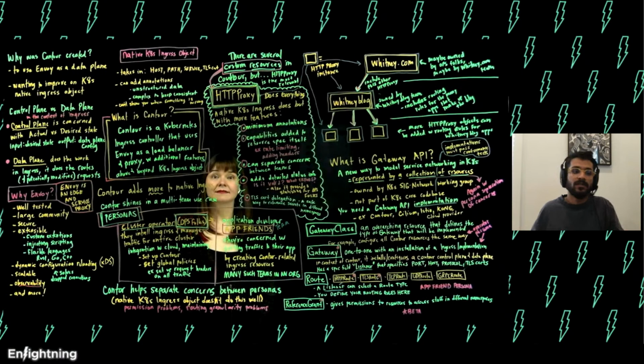What Contour does do is keep track of a single load balancer service, so that we can put the IP address that's assigned to that load balancer in the status of an Ingress object, of an HTTPProxy object, of a Gateway. So that informational stuff is there.